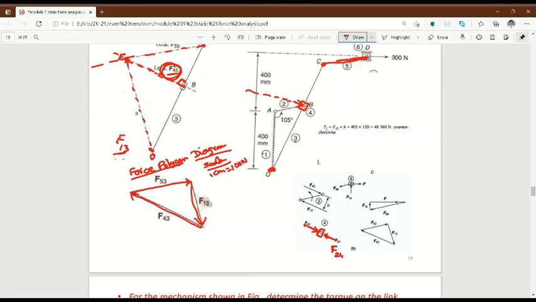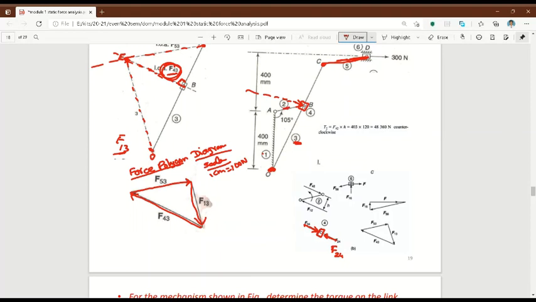F34 means between the fourth link piston and the third link, this slotted bar. F24 means between the fourth link piston and the second link, that point.